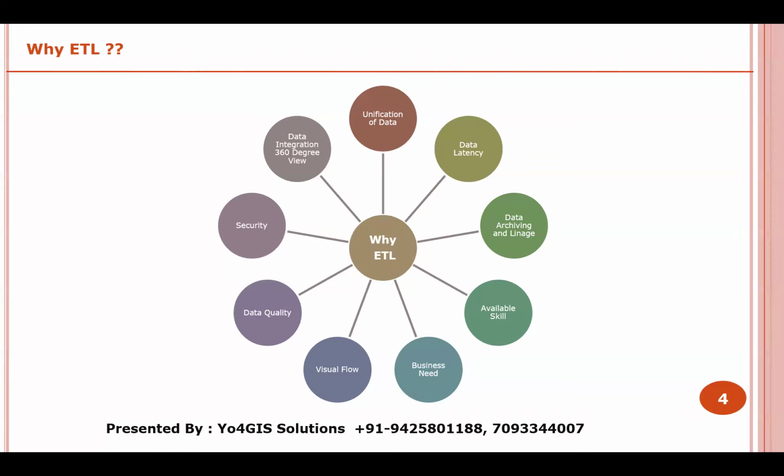We need to do some calculation, some manipulation, so that the red color line will go to the road feature class with type A, and the blue color line will go to the road feature class with type B. This whole logical part is what we do in the transformation. So whenever we are trying to explore ETL, the most important part of the ETL is what?